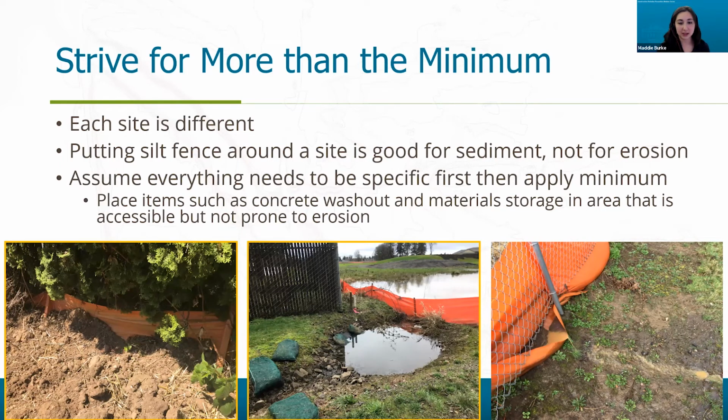And this last site, you can see there's water building up pressure at the silt fence, and then it actually untrenched out the silt fence, and you can see turbid water leaving the site through this failed silt fence. So it's great, it's a fantastic tool, but it's not the catch-all for erosion and sediment control.